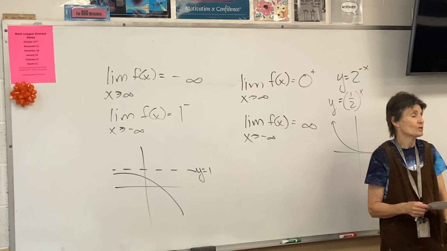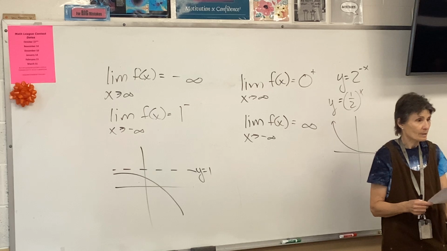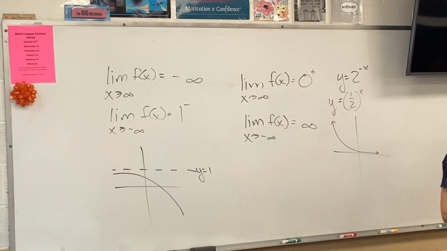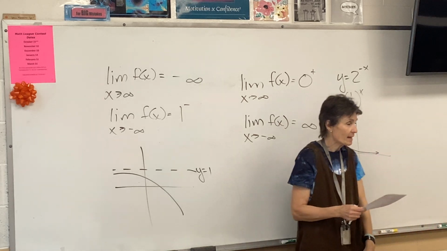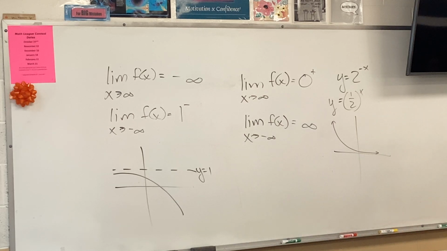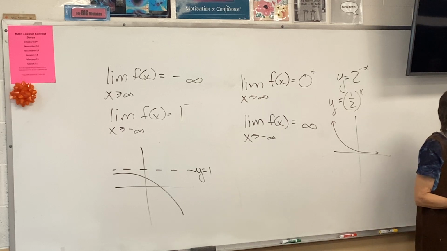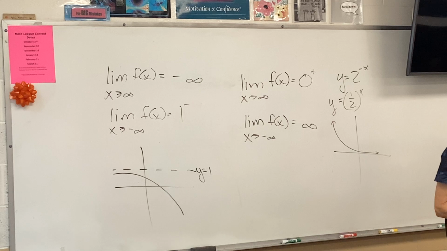How much less than 1 is it? 0.053, which is what percent? 5.3%. So what is the percent growth or decay? It's a 5.3% decay. Where did that 5.3 come from, boys and girls? 1 minus 0.947. Exactly.